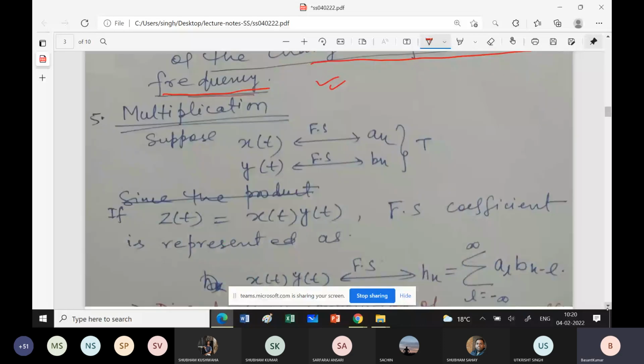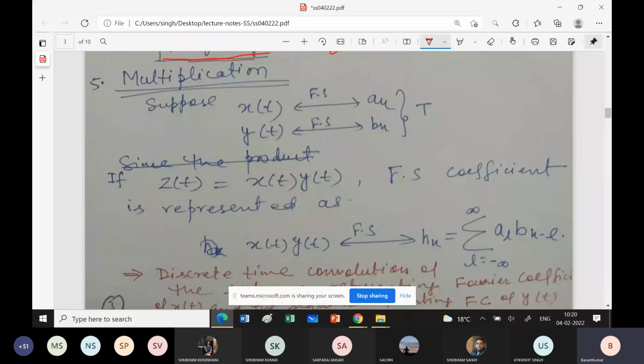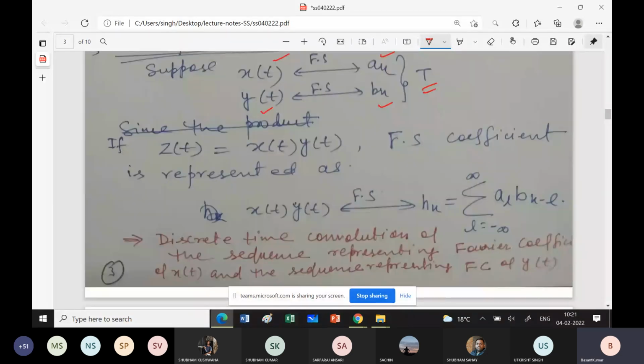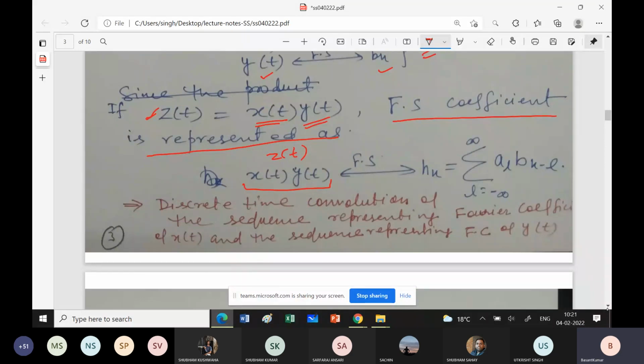Now, another observation is that if you have two signals, xt having Fourier series coefficient ak, yt having Fourier series coefficient bk, and both have the same time period, then if you take a signal which is a multiplication of these two signals, zt equal to xt yt, and you work it out, what is observed is that the Fourier series representation for this signal zt is represented by hk, which is nothing but a convolution sum of the two coefficients.